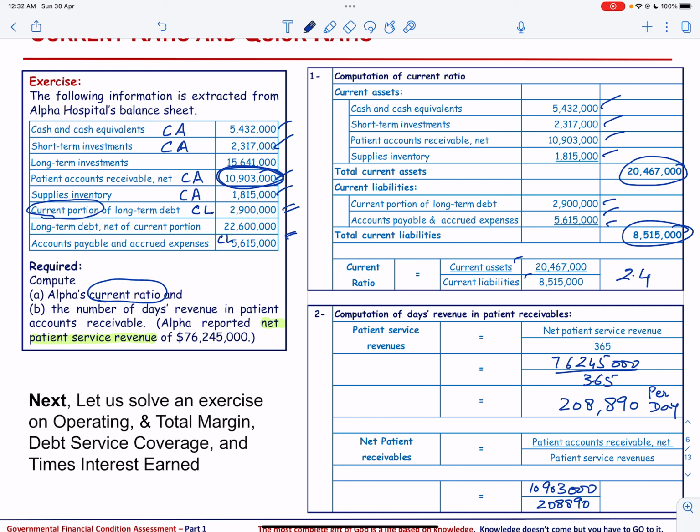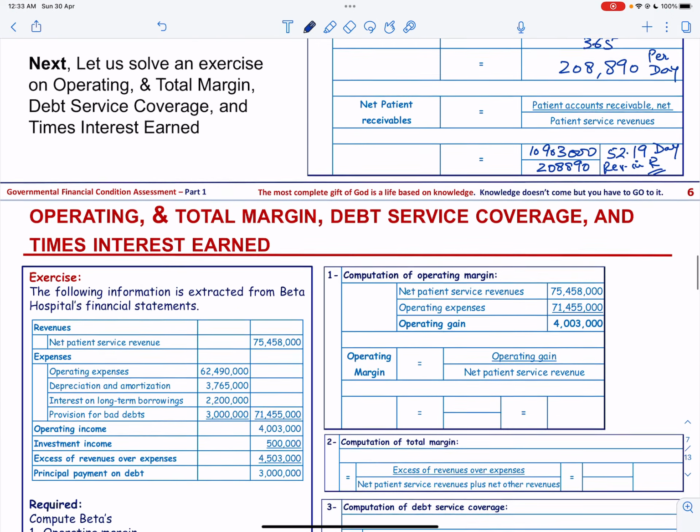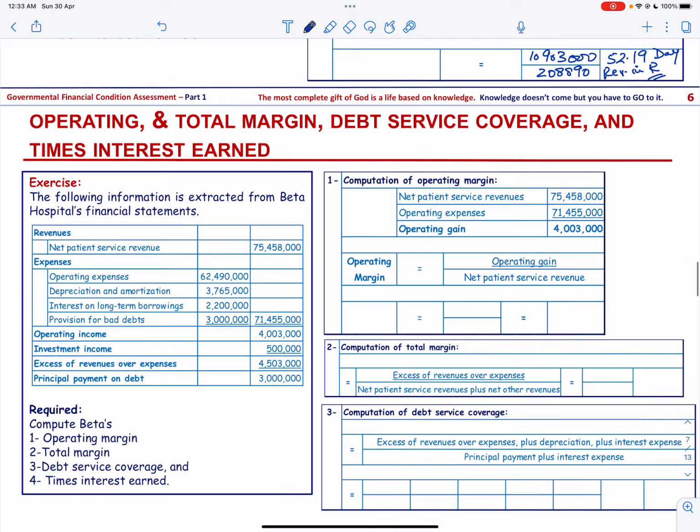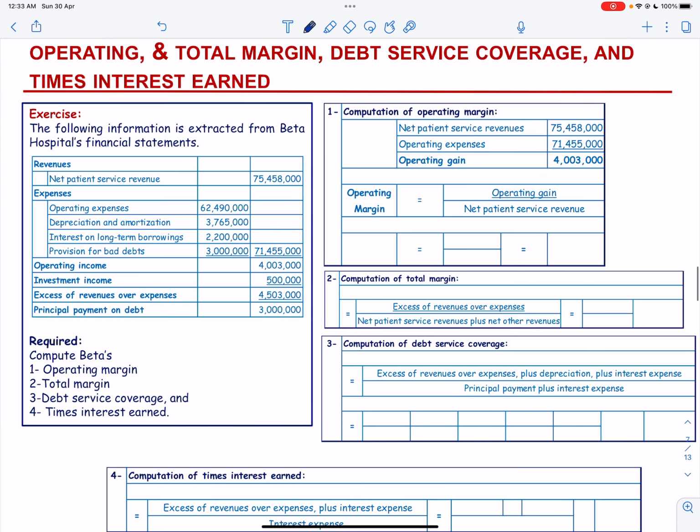So this will be equal to 52.19 days of revenue in receivables. So our receivables are for 52.19 days.